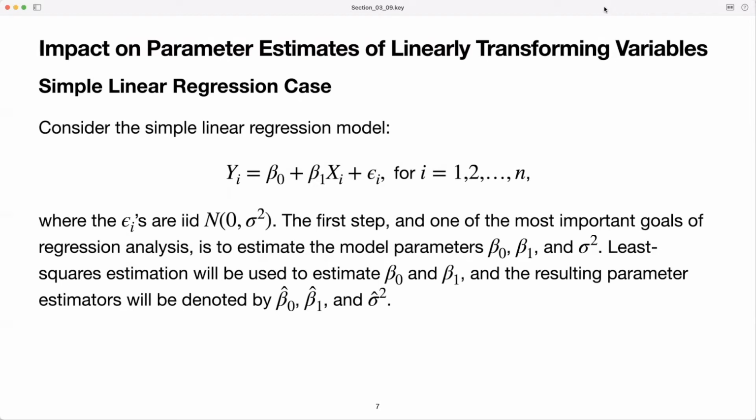The first step, and one of the most important goals of regression analysis, is to estimate the model parameters beta_0, beta_1, and sigma squared. Least squares estimation will be used to estimate beta_0 and beta_1, and the resulting parameter estimators will be denoted by beta_0 hat, beta_1 hat, and then sigma squared hat.